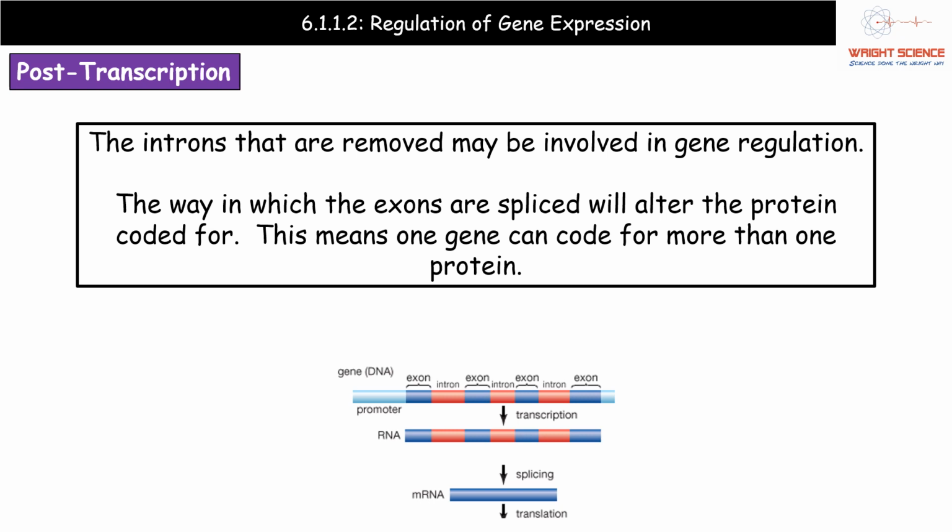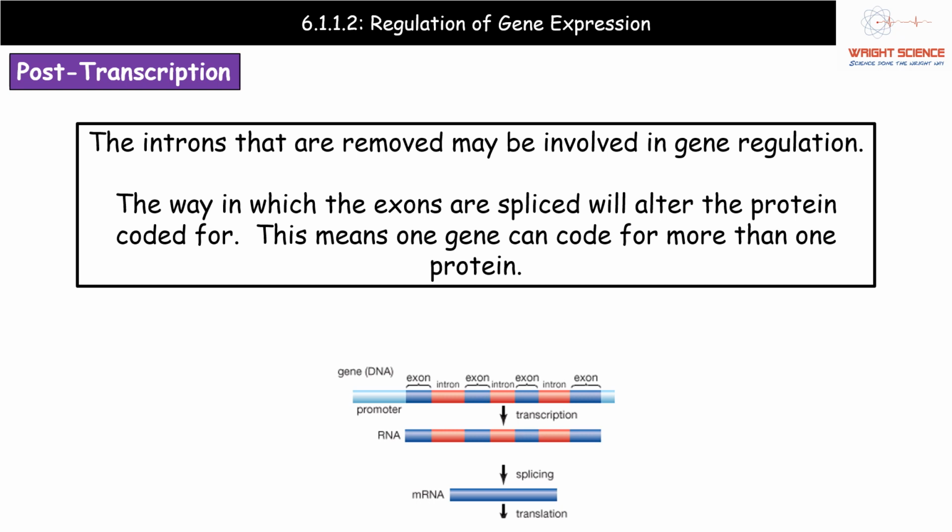And the way in which the exons are then spliced, so joined together, will alter the protein that we code for. So what that actually means is that that one gene that we've transcribed from the DNA template into the primary mRNA can make more than one mRNA that allows us to code for proteins.